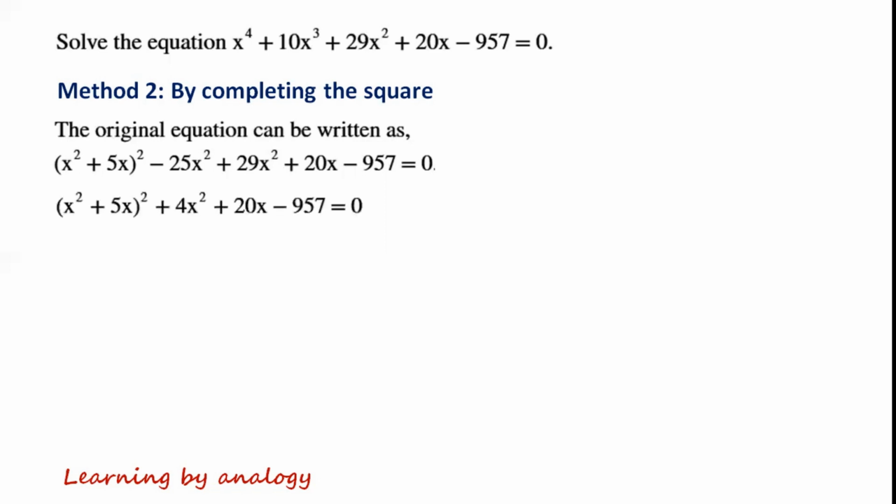Now we simplify the equation by collecting like terms. We write minus 25x squared plus 29x squared as 4x squared. We can write 4x squared plus 20x as 4 times (x squared plus 5x).